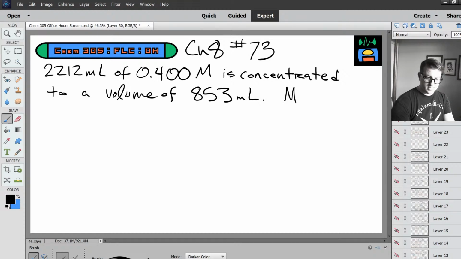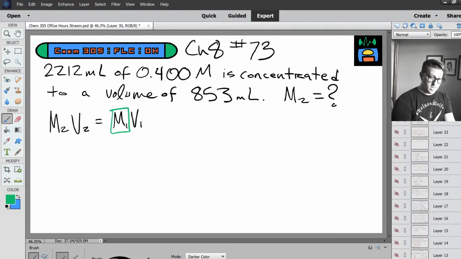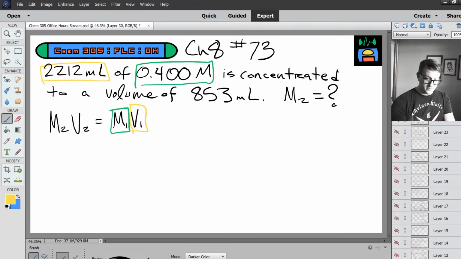And they want to know what is the molarity, right? M2. M2 V2 equals M1 V1. M1 is our 0.4 molar. V1 is our 2,212. And then V2 is our 853.